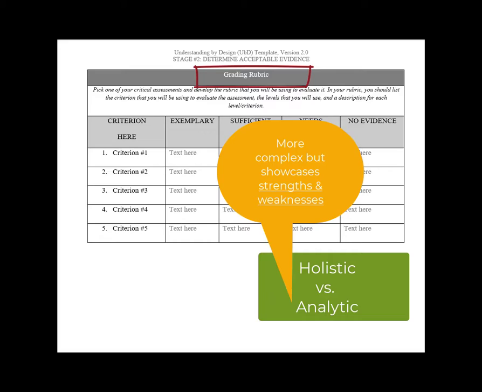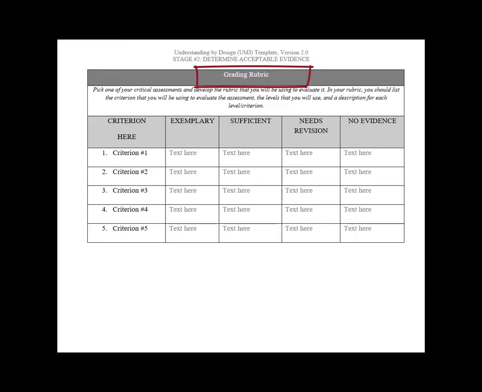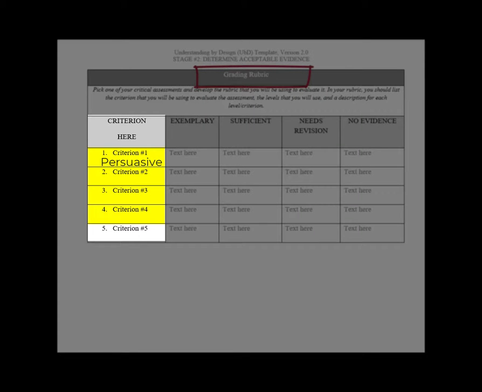However, an analytic rubric breaks down the assessment into several criteria where the learner is scored separately on each standard. Example criteria for a persuasive essay could be the following. Is the essay persuasive? Is it clear? Is it thorough? And finally, is it polished?